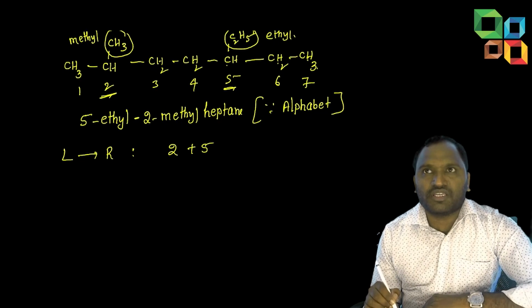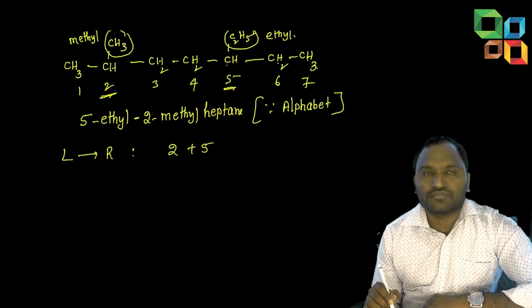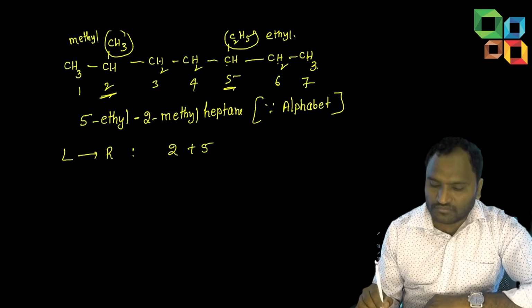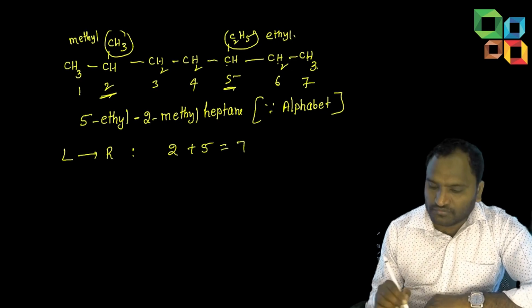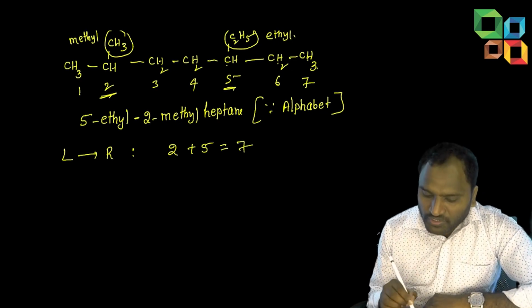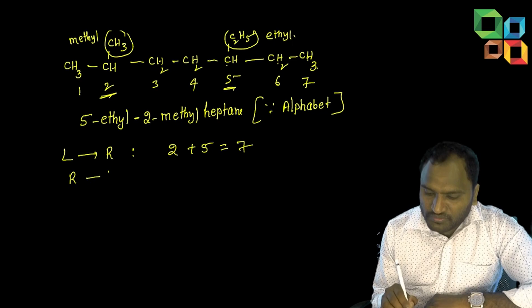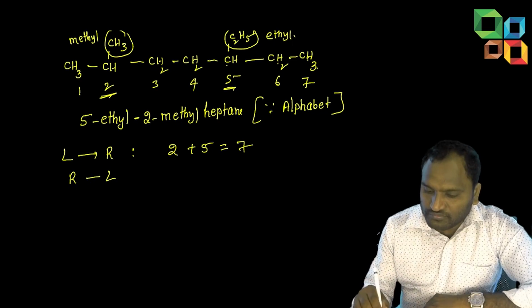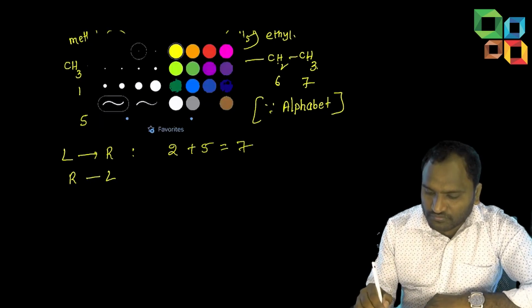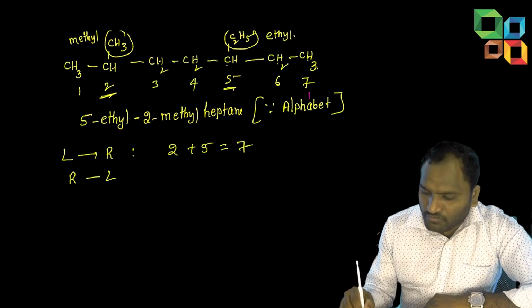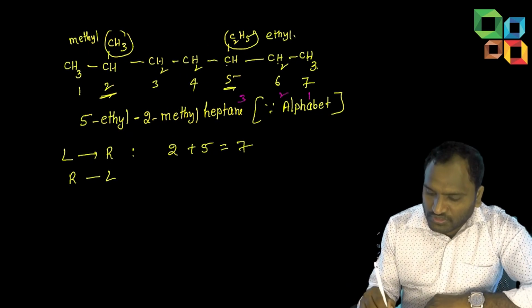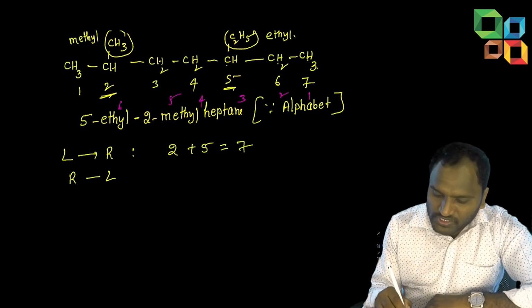Sum is 7. Next, from right to left, if you give numbering, 1, 2, 3, 4, 5, 6, 7.